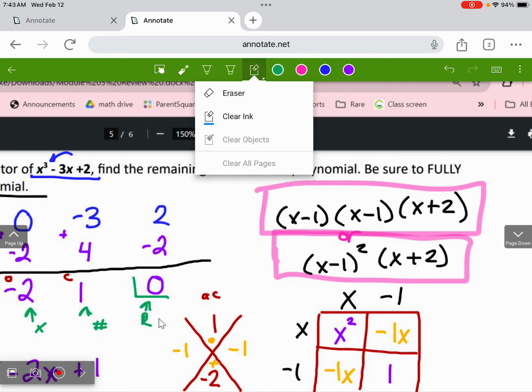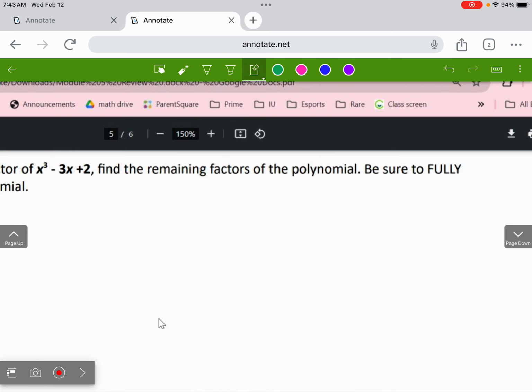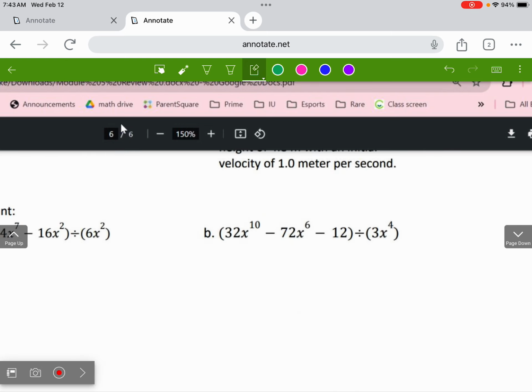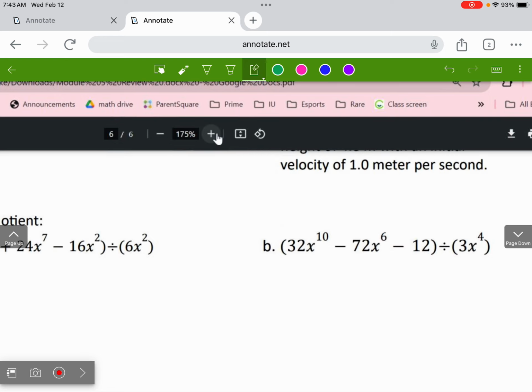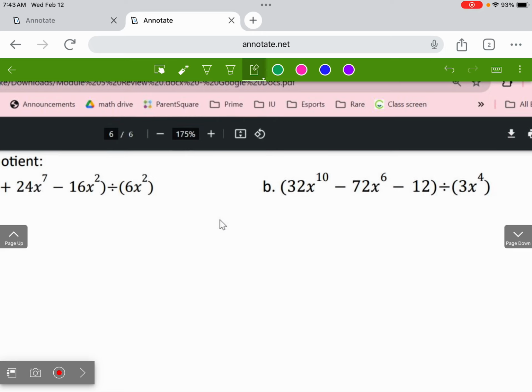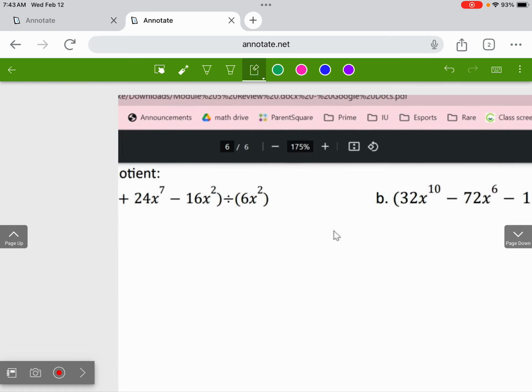Anybody need more time with it? Cool. All right, 18A. Finding the quotient. Yeah, we can do A. That's fine. B has a couple of things in it that get a little bit gross as well. This one also has things that are a little bit gross.